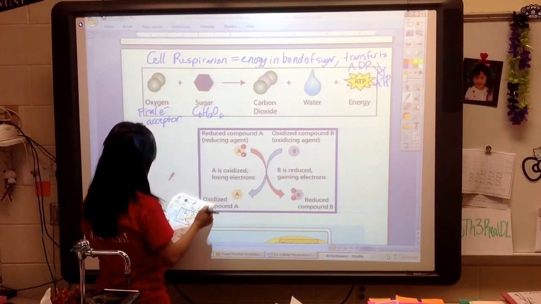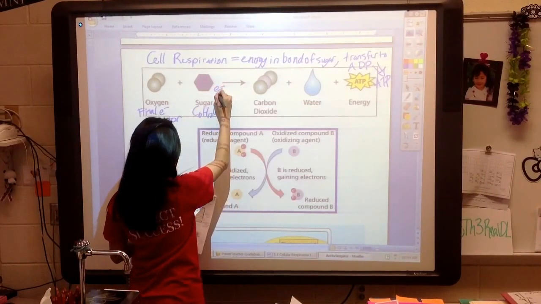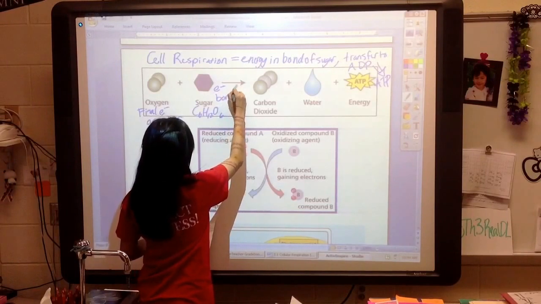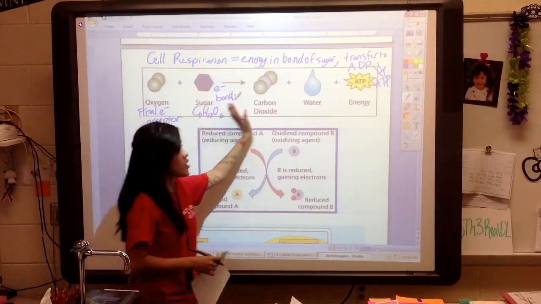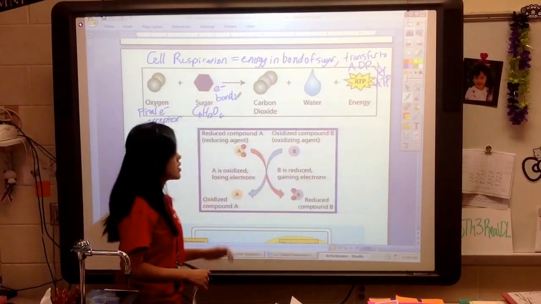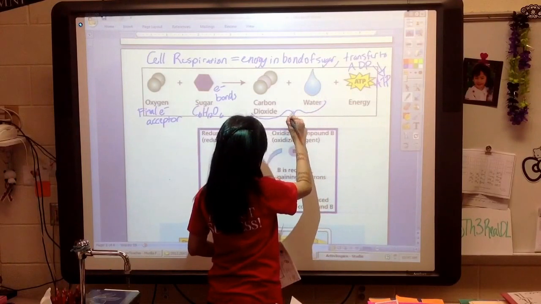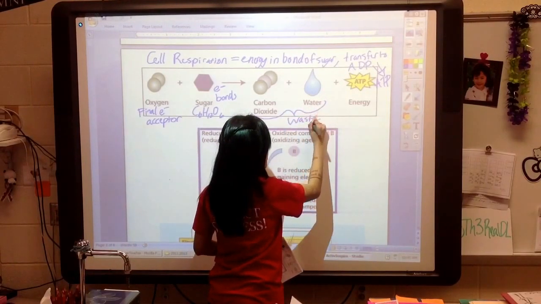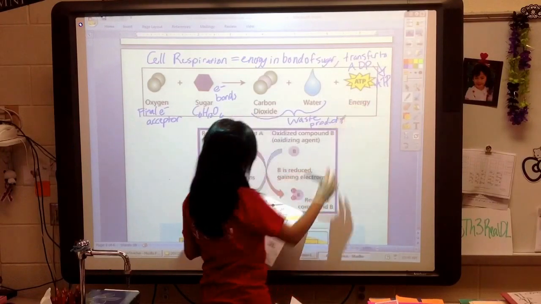And remember that all the energy that's in the sugar is because of the electrons within the bonds. Okay, that's how we're getting energy to power this reaction and to eventually make our ATP. We have our carbon dioxide and water, which just happen to be waste products that are made as a result. And then we have our main energy compound.